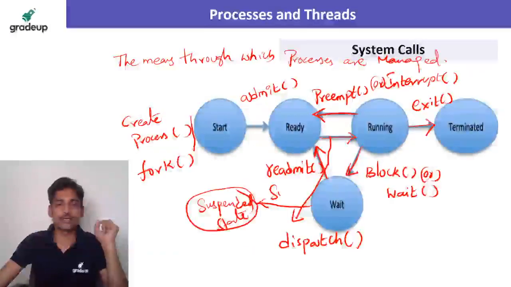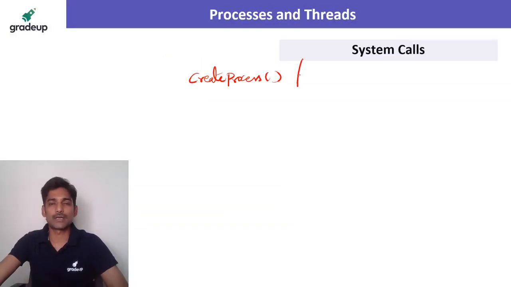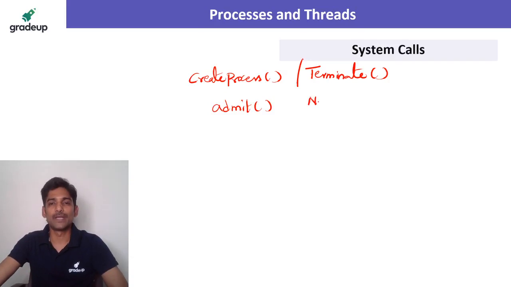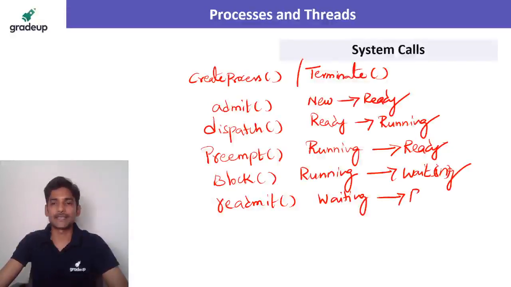The system call itself is suspend, to terminate a process. So you can say even create, terminate. Then admit is the system call for moving a new state to ready state.